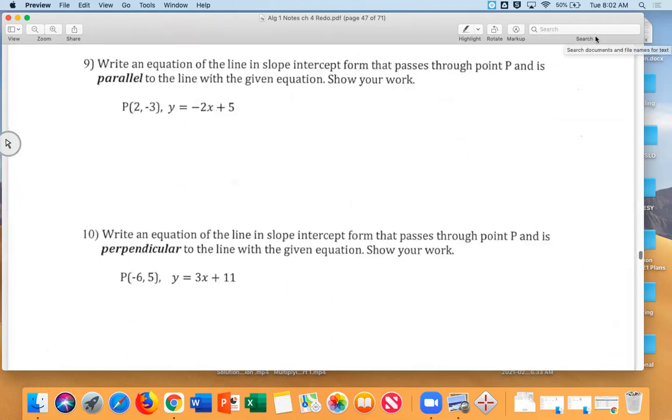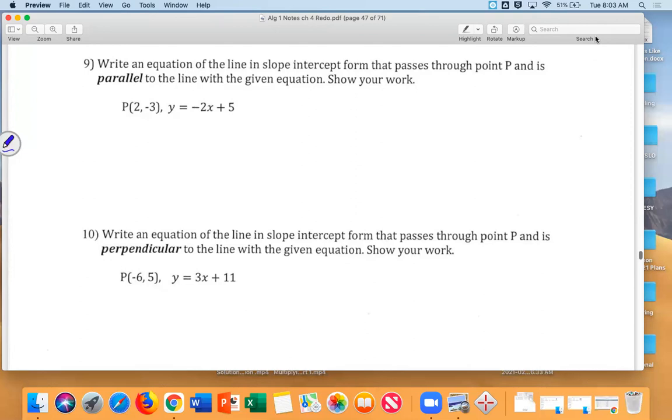This is how the questions will look and read on a Keystone exam or your SAT. It'll just say, write the equation of a line in slope-intercept form that passes through the point P and is parallel to the line. With this, what we're going to do is use our point-slope form, and then convert it from point-slope to slope-intercept.